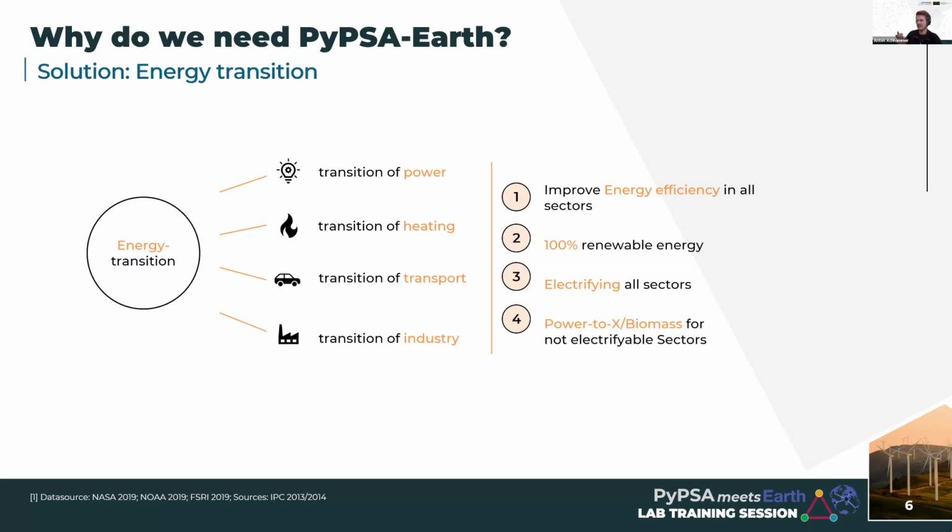And for all these steps, PyPSA-Earth can help us, because PyPSA-Earth basically downloads all the generation and all the demand, and tries to optimize the whole energy system, every single sector, to have a cost optimal energy system. And you can also, with your configuration, try to limit certain constraints, like, for example, carbon dioxide.